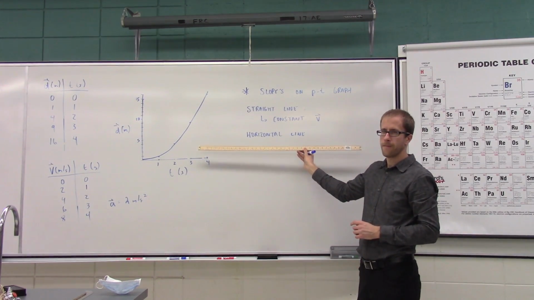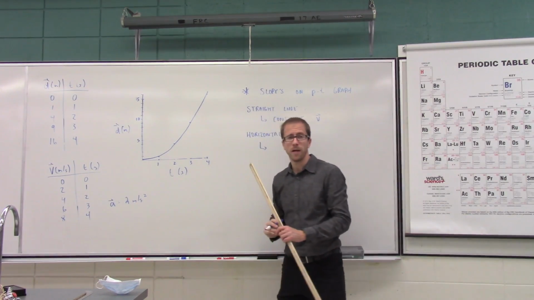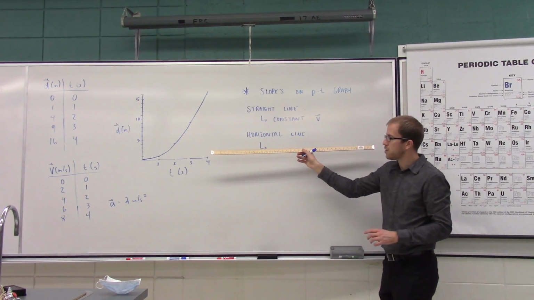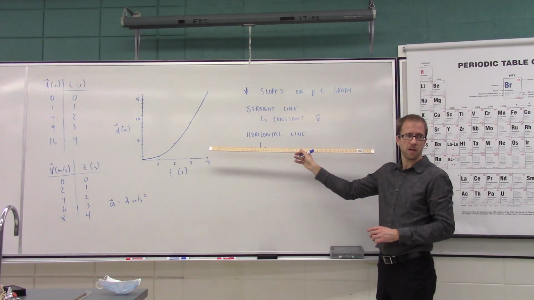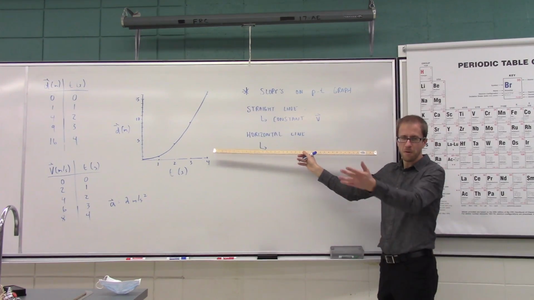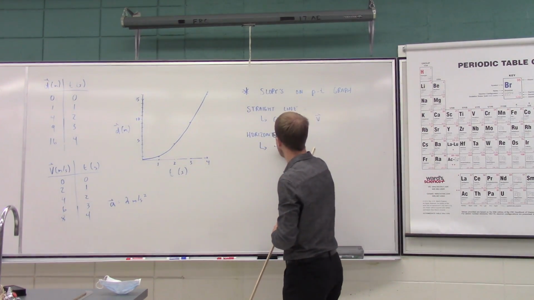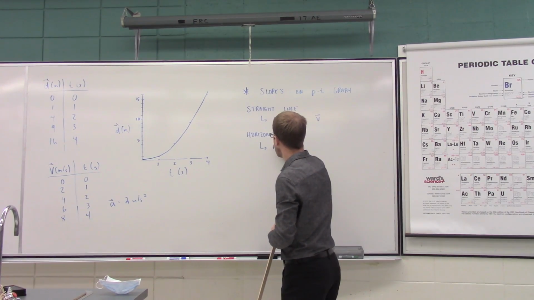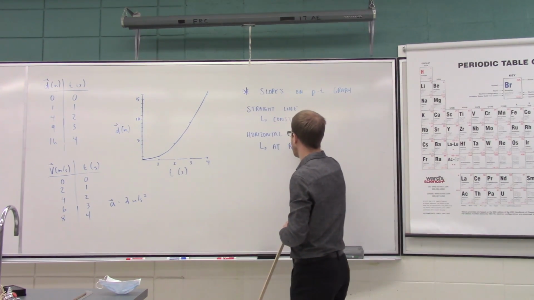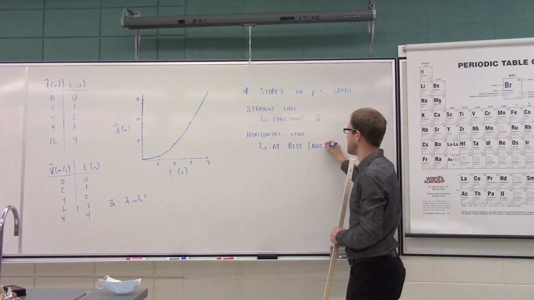It is not moving. You still have a constant velocity, by the way, because it's a straight line, but what is your velocity if it's a horizontal line? Well, it's not moving, so it's 0, right? Your horizontal line represents an object that is at rest. That is the sciencey way of saying that it is not moving.